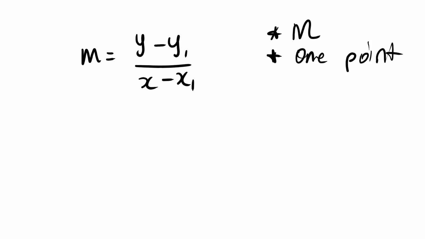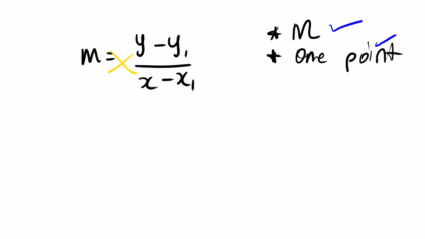For us to generate the equation, we are going to use the very same equation we used to calculate the gradient. And then we need the gradient and 1 point on top of that graph. So remember, we have point A and point B, so we only need 1 point. How are we going to do this?